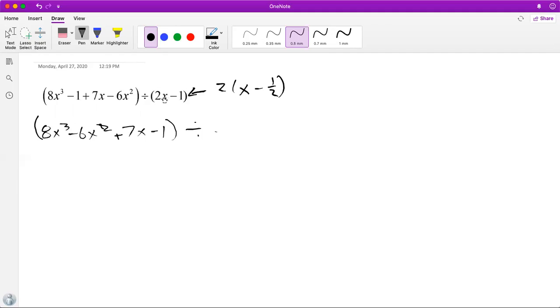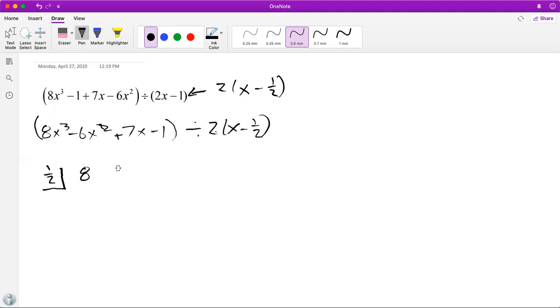If I factor a 2 out of 2x, I get x. If I factor 2 out of 1, I get 1/2. Like if I divide this by 2, I get x. I divide that by 2, I get 1/2. So this is really 2 times x minus 1/2. And so the number I'm going to put in the box is going to be positive 1/2. And we're going to address the fact that there was a 2 here at the end of the problem.